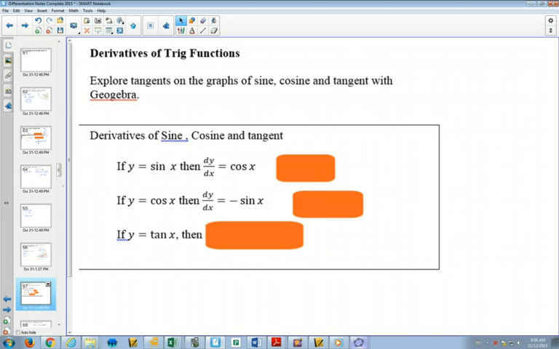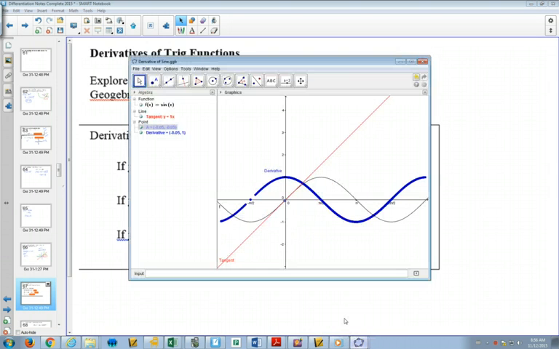The best way I've found to think about that is go back to your graph. Think of either one. Here's my sine graph. If I start going to the right with my sine graph, or even when I start, if I draw my tangent right at 0, does it have a positive slope or a negative slope? It has a positive slope. So the derivative of sine is going to be a positive cos.